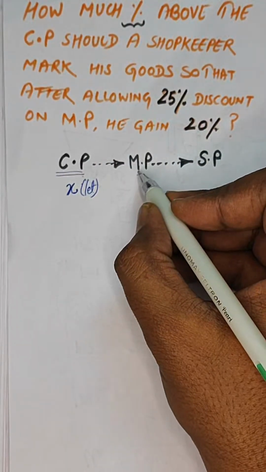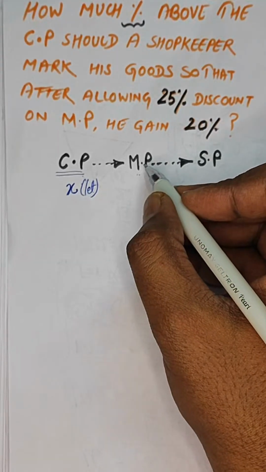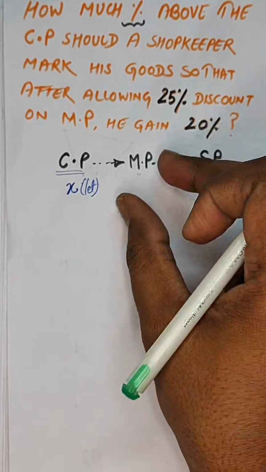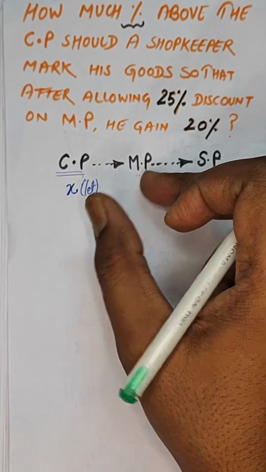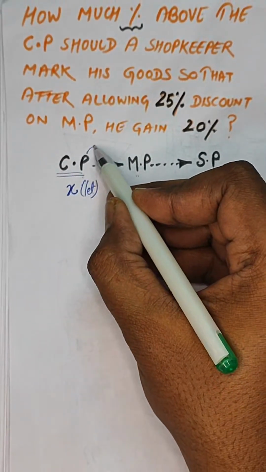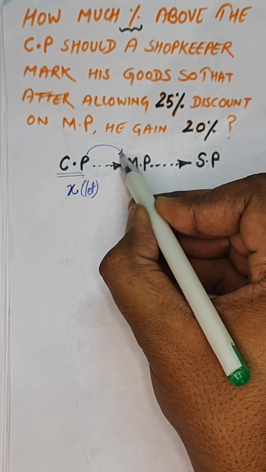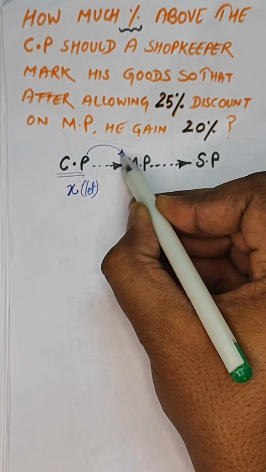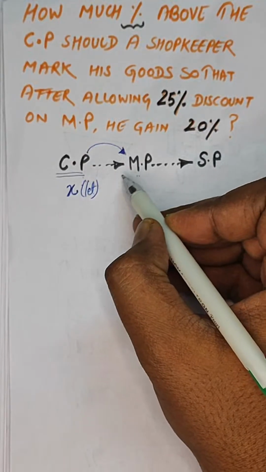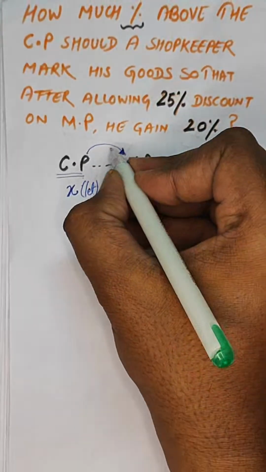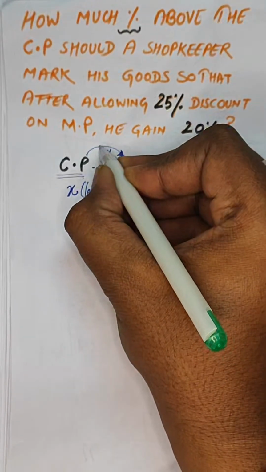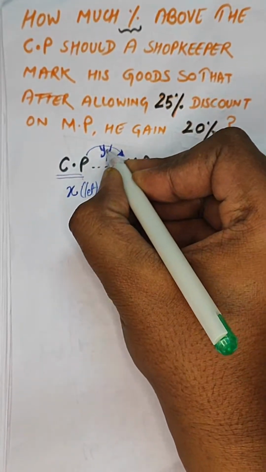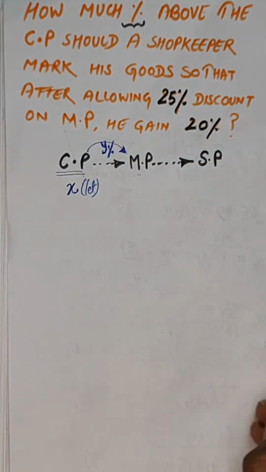So let us say he is adding some percentage over here, let us say Y%. He is increasing the cost by Y% just to write on the stickers of the goods.